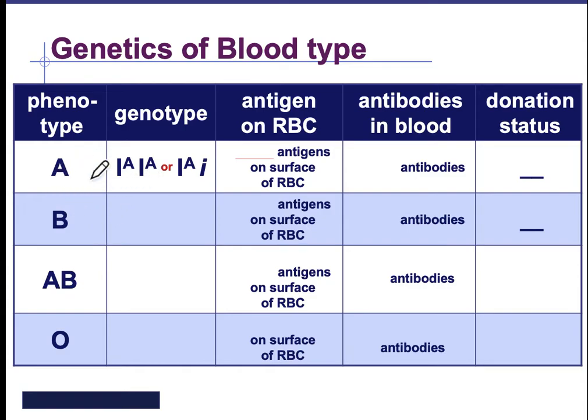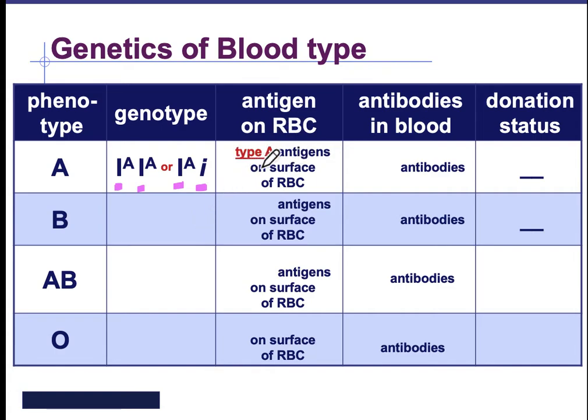So if you have type A blood, that means that you have two alleles for blood type. So you can either have two A alleles or you can have one A allele and one O allele. So you would have type AA or type AO in your genotype. Both of these have the same type A phenotype.